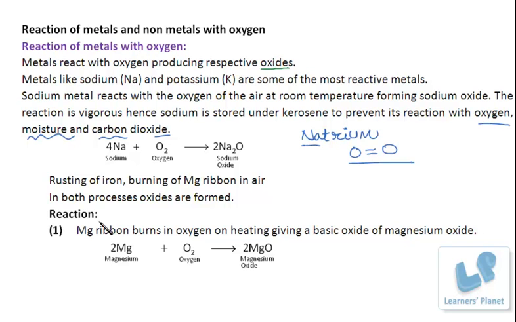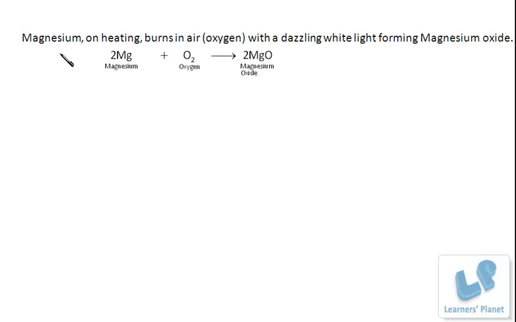The next is rusting of iron, which is also an example of the reaction of metal with oxygen. Another is burning of magnesium ribbon in air. In both these processes, oxides are formed. Magnesium on heating burns in air with dazzling white light, forming magnesium oxide.